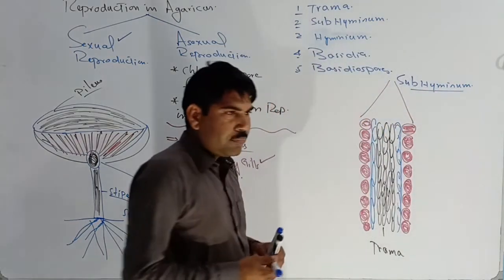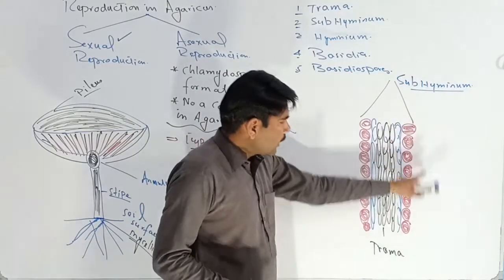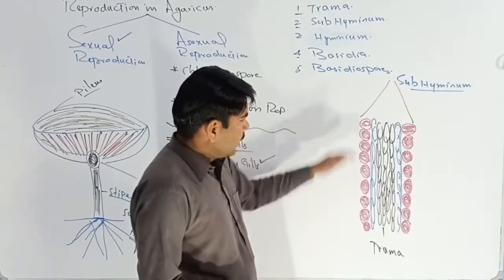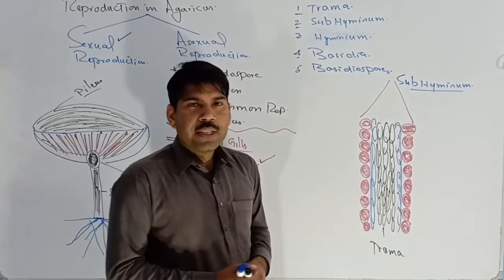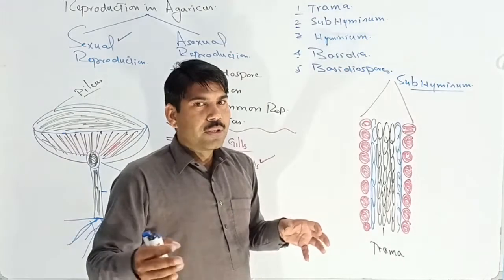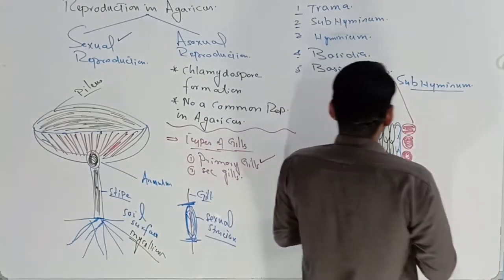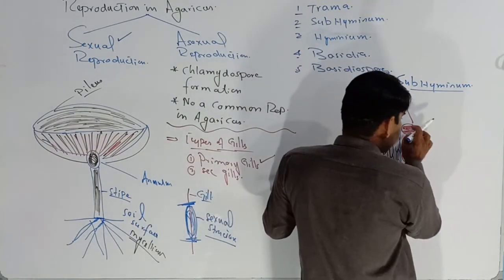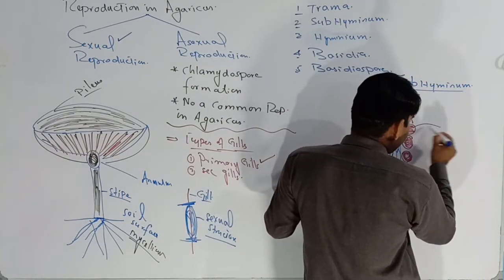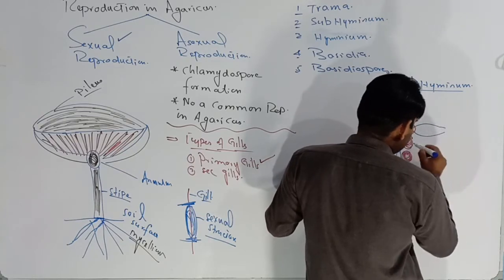So these subhymenial cells will divide, and when they divide, they make long cells. For example, now these cells are dividing and making long cells.